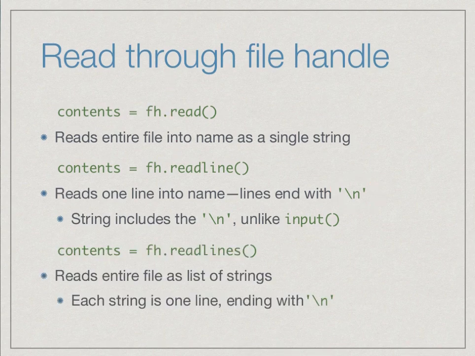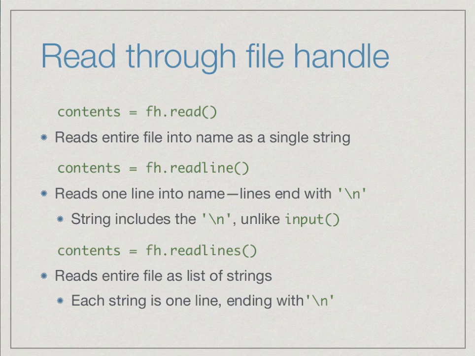The third way that you can read from a file is to read all the lines one by one into a list of strings. So instead of readline, if I say readlines, then it reads the entire file as a list of strings. Each string is one item in the list. And remember again, each of these lines has the \n included.